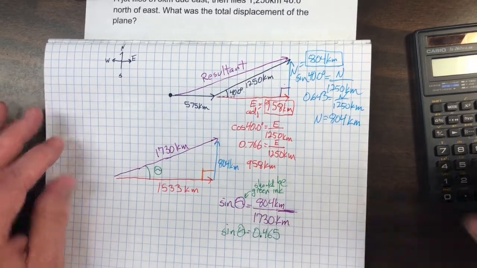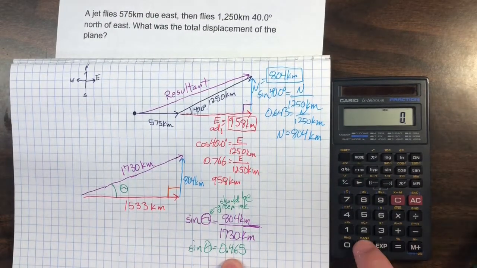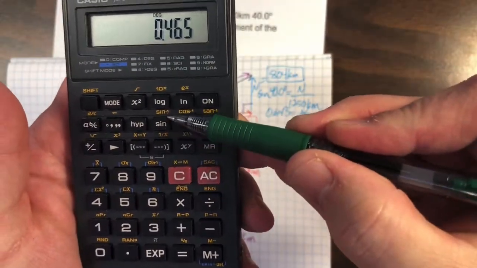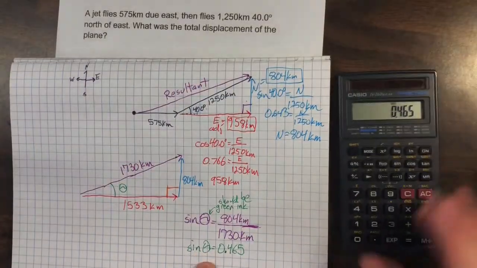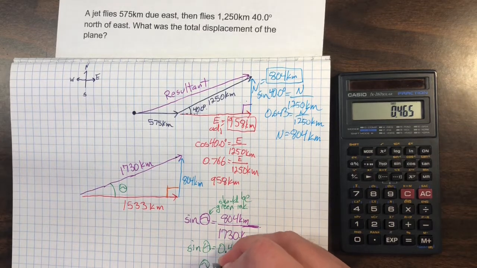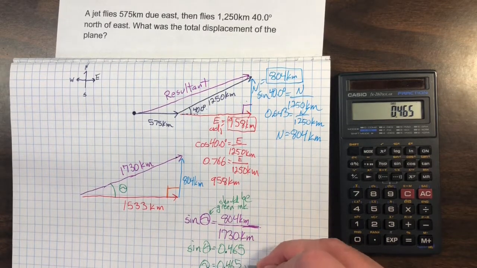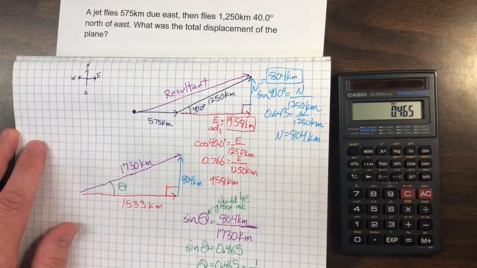So how do we do this? Well, on an old-fashioned calculator like this one, you just punch in the 0.465, and then look here. See that little thing above the sine? It says sine to the -1. Well, what you're doing here is to get theta by itself, you have to divide both sides by sine, which is the same thing as multiplying by the inverse of sine.